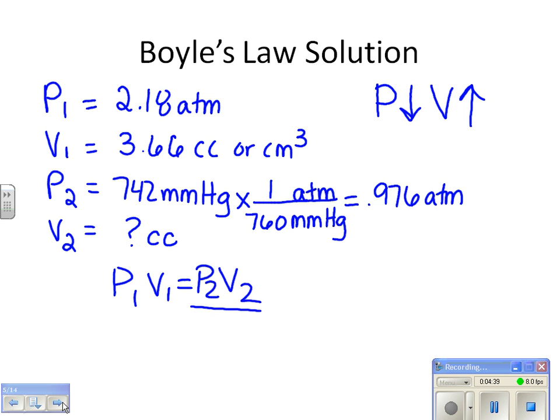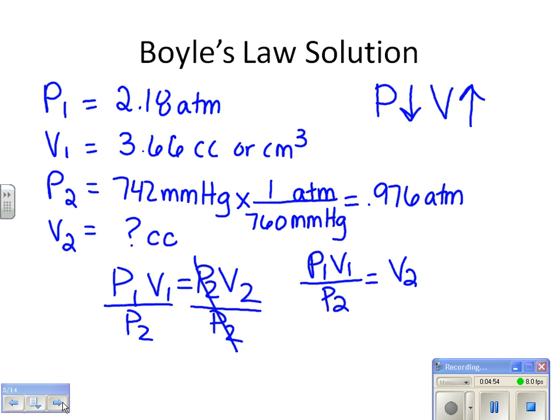We're looking for V2. So we're going to divide both sides of the equation by P2. That'll get P2 to cancel. We'll have V2 equal to the expression on the left. Now we will substitute in numbers. P1 is 2.18 atmospheres.